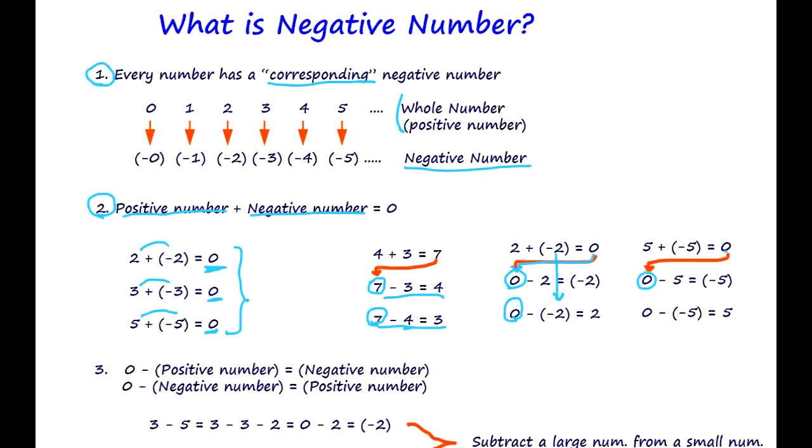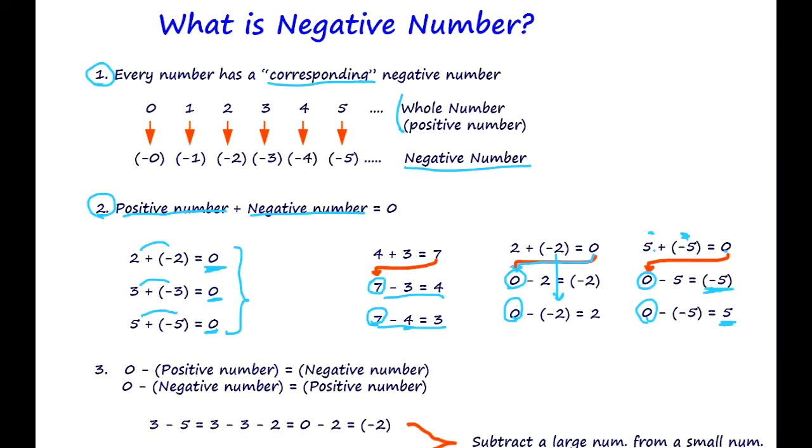Answer minus 5 will be negative 5, which is this one. Or 0 minus negative 5 equals 5. So pay attention here: 0 minus a positive number is a negative number, and 0 minus a negative number is a positive number.